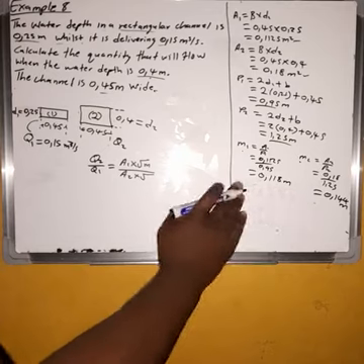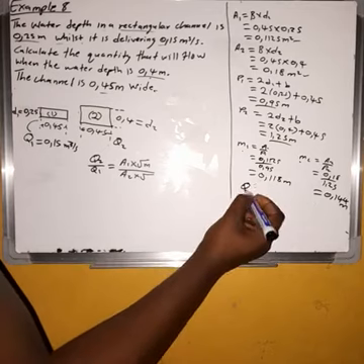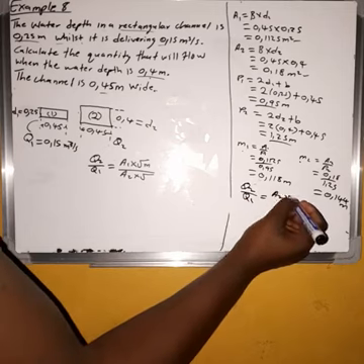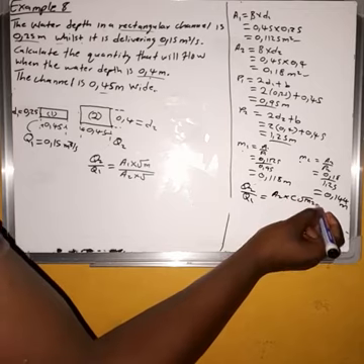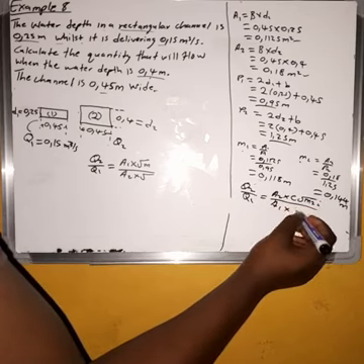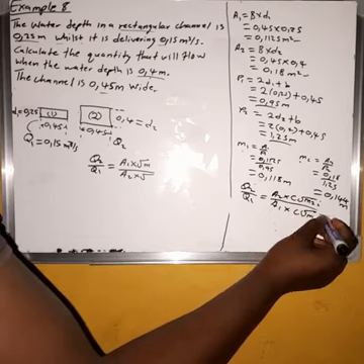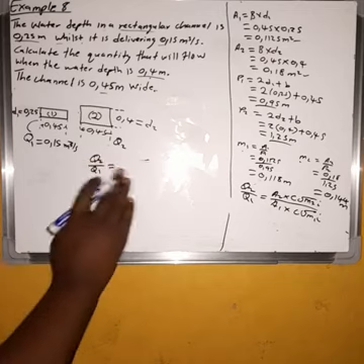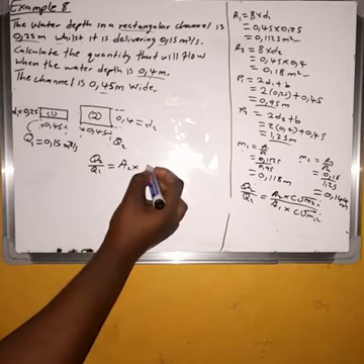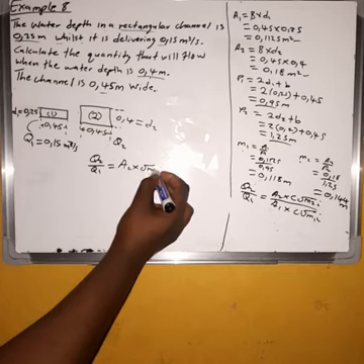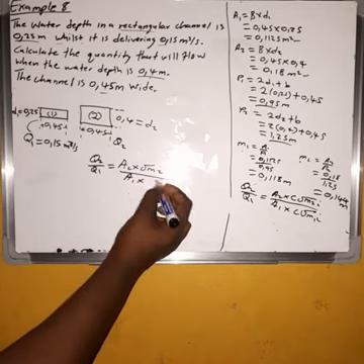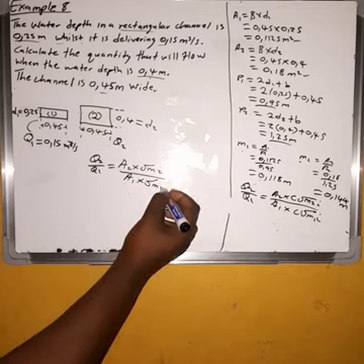Actually, Q2 over Q1 must correspond to area 2 multiplied by C square root of M2 I over area 1 multiplied by C square root of M1 I. So here we'll just have area 2 multiplied by square root of M2 over area 1 multiplied by square root of M1.